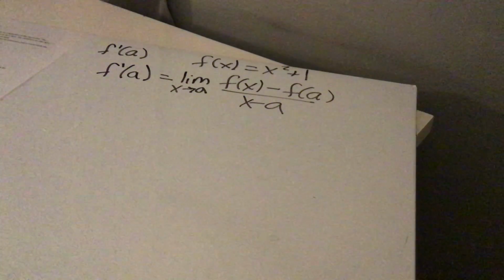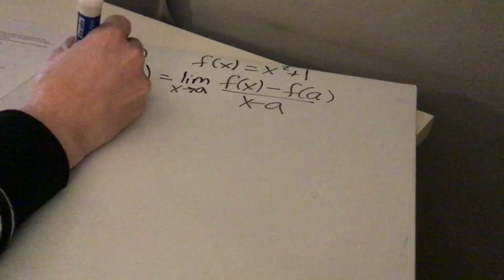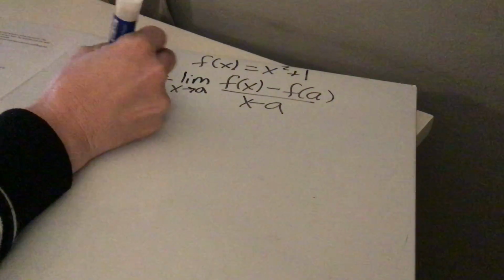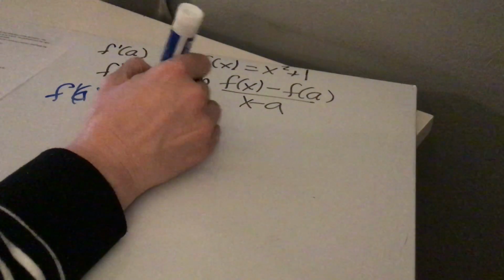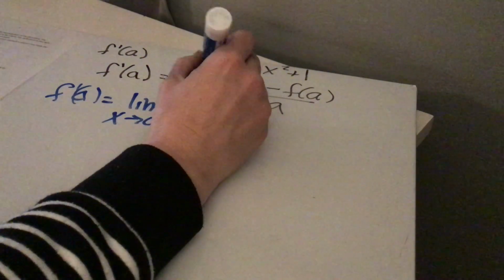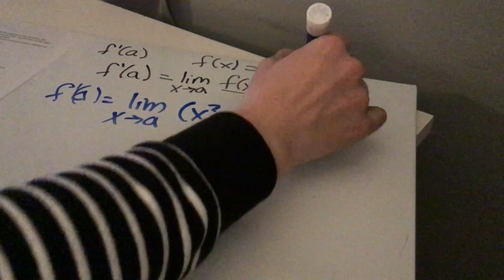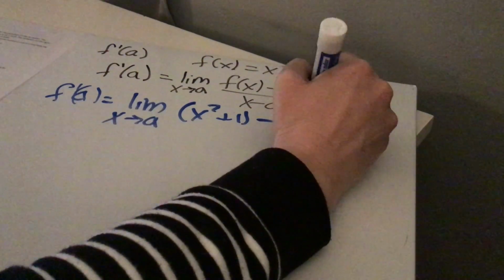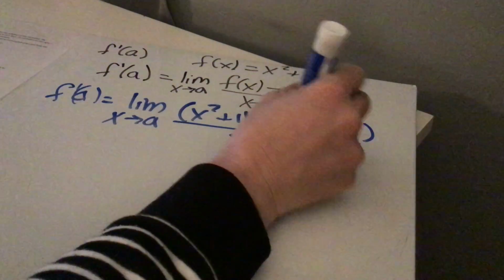Okay, that's the definition. So what you do is you substitute in f of x. So it's the limit as x approaches a of x squared plus 1 minus the function evaluated at a. So it's a squared plus 1 divided by x minus a.